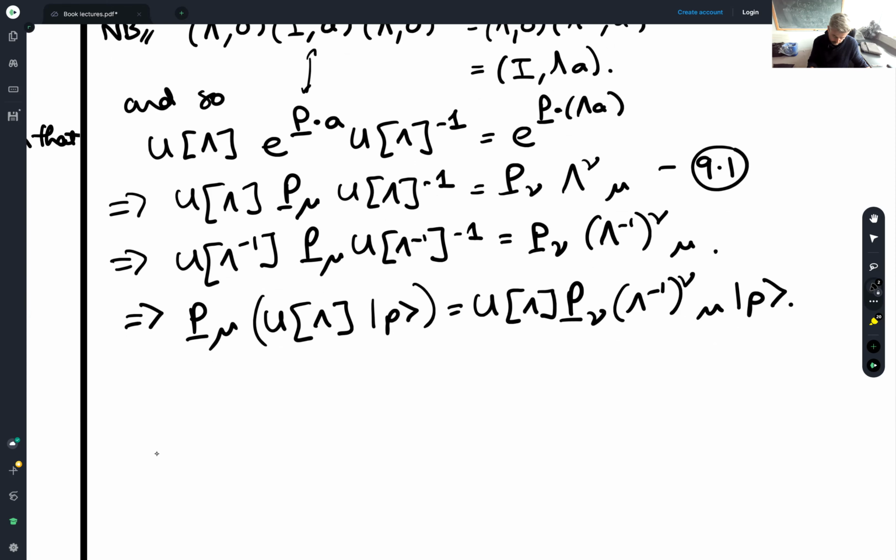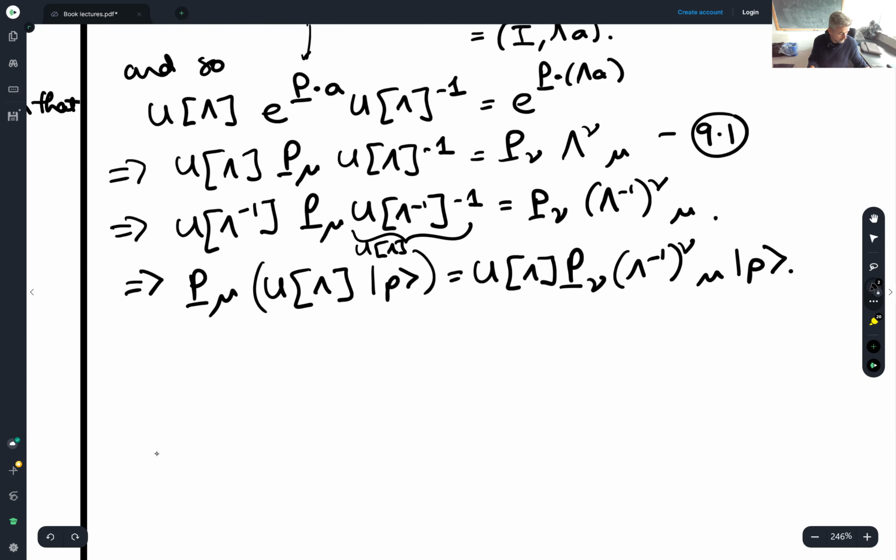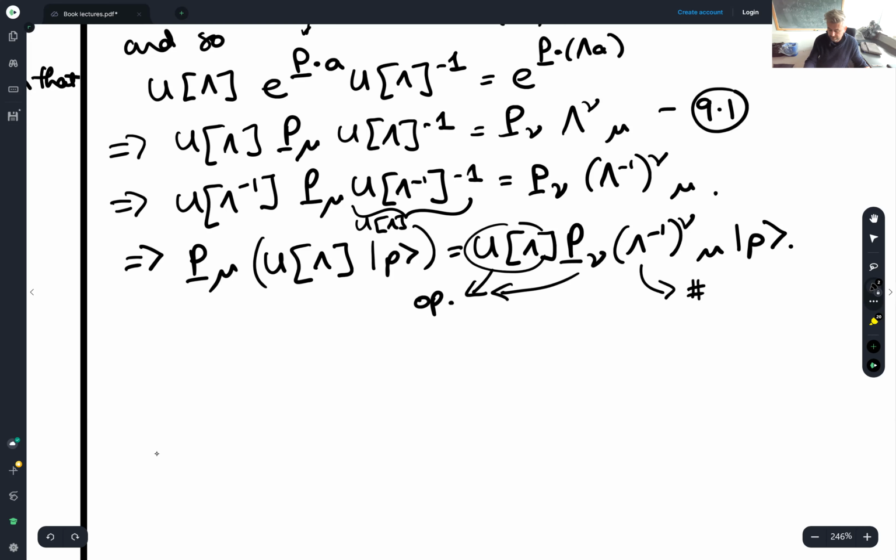So all I've done is I've acted with the above equation on a ket p, little p, and acted on the left-hand side with U of lambda. So let's be clear, U is an operator, and so is P, and this is some number. It's really a matrix of numbers, given the nu.